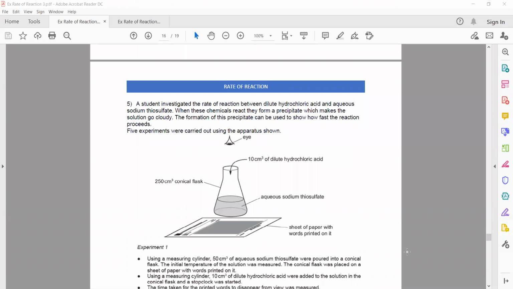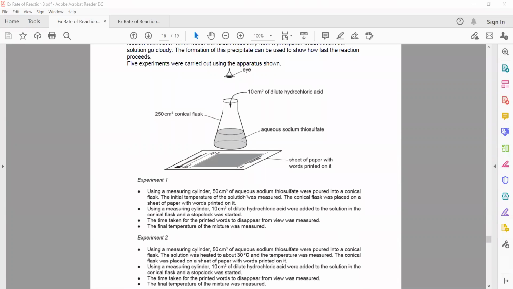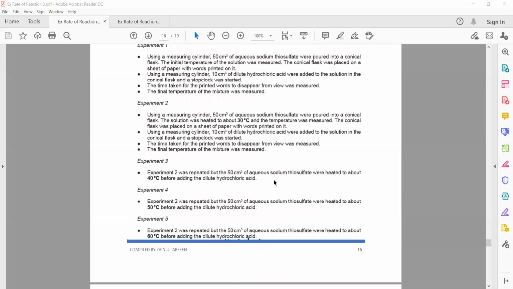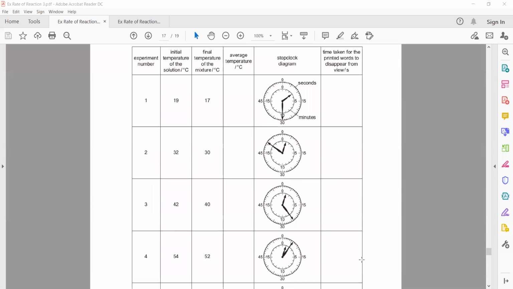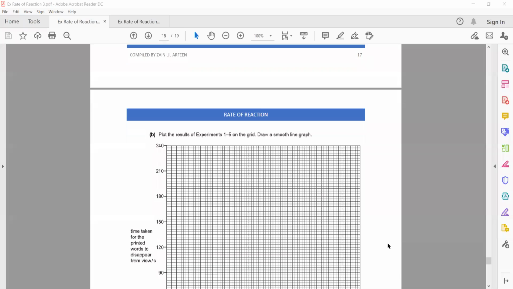Question 5. Question number 5. Any doubt? Part C and part F. C, E, and F.